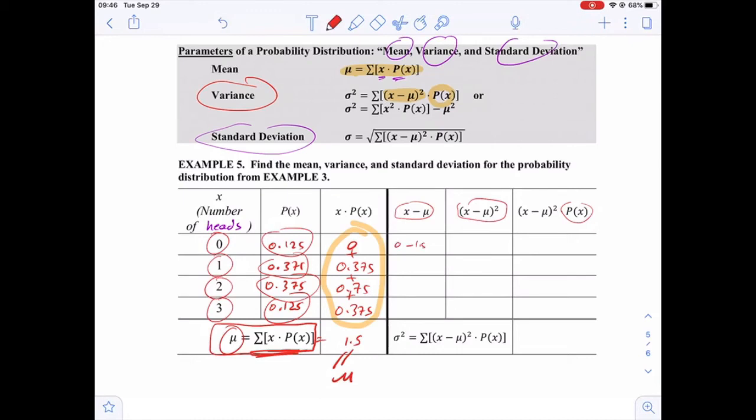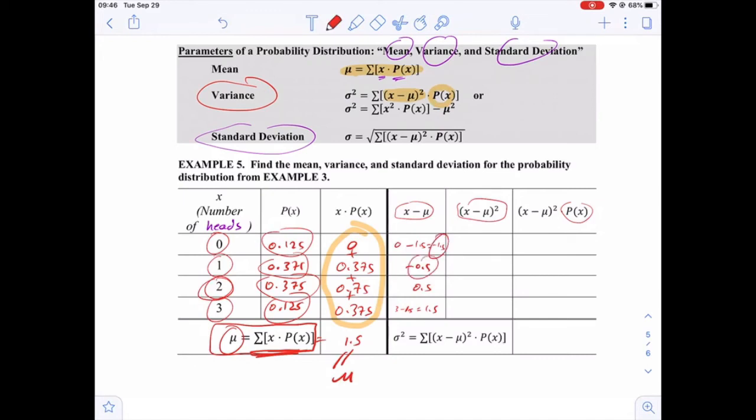So 0 minus 1.5 is negative 1.5. And here negative 0.5, 1 minus 1.5. And here 0.5, because we have 2 minus 1.5. And here 3 minus 1.5, which is 1.5.